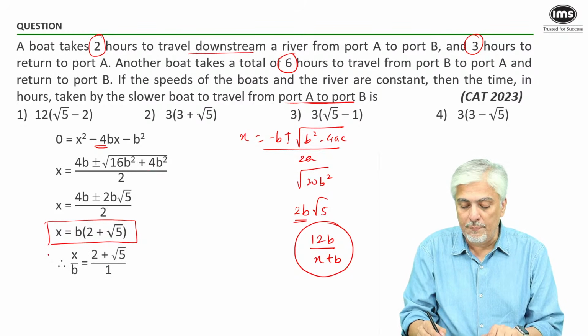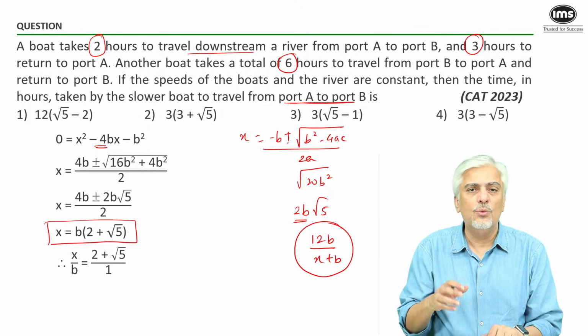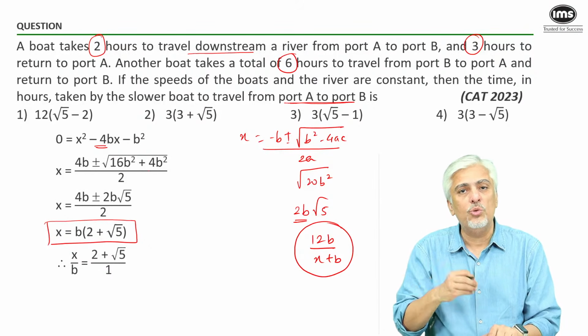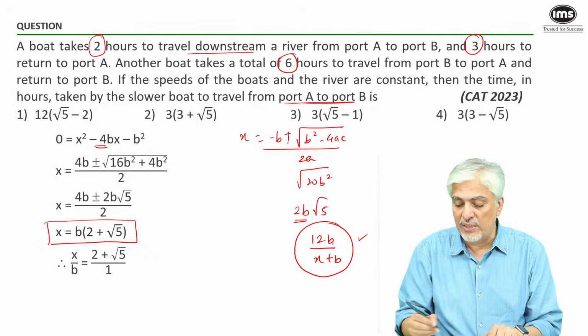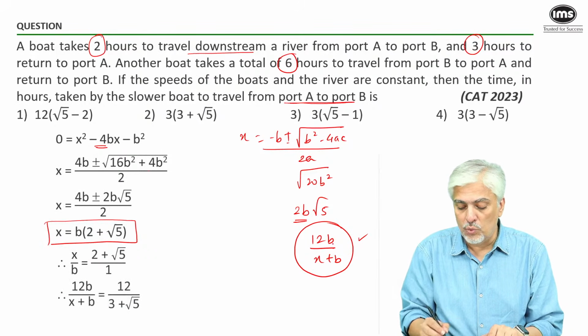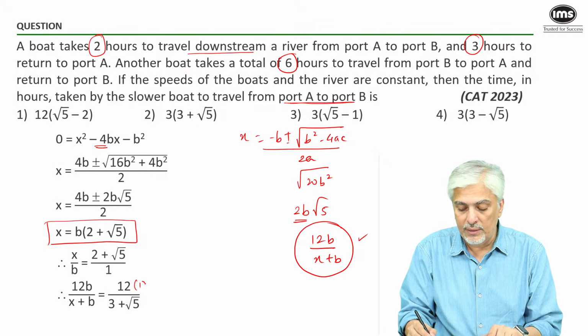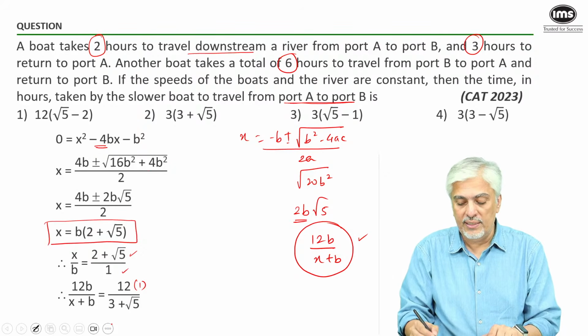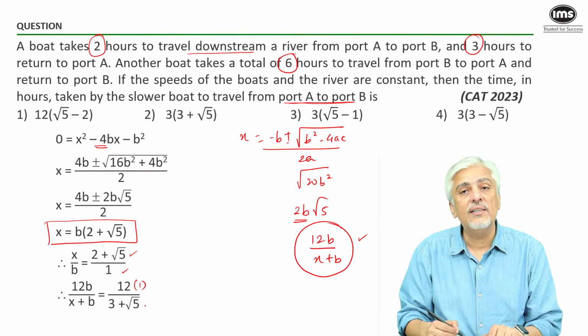So if I bring b down over here, I get x upon b is 2 plus root 5 upon 1, which means I can assume x is 2 plus root 5 and b as 1. I can assume, okay, because I want to find a ratio anyway. So 12b, if I assume b as 1, will be 12 upon x plus b, which is 2 plus root 5 plus 1, that is 3 plus root 5, and then we will rationalize it.